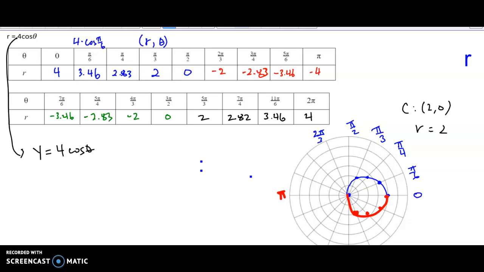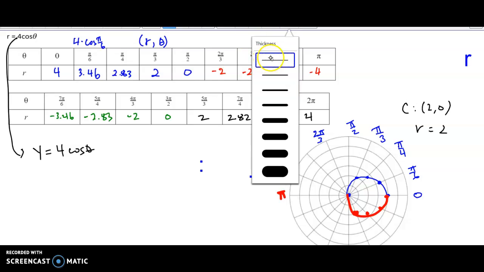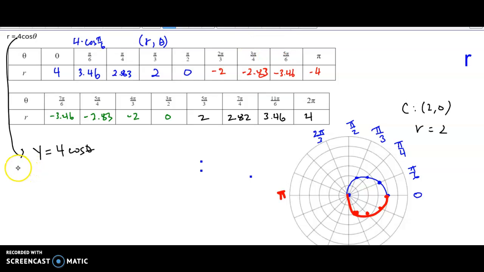Remember we talked about the amplitude? That's 4 in this case. There is no vertical shift because there's no d value. For phase shift, it's -c over b, and in this case, it's 0 over 1, which is just 0.